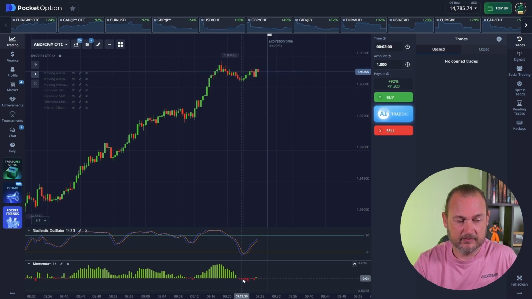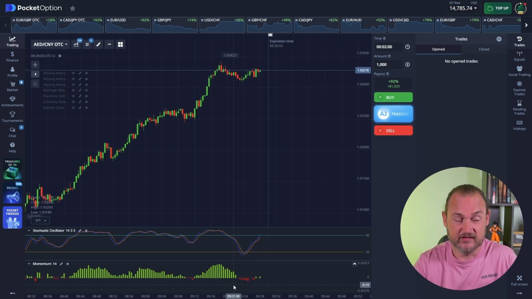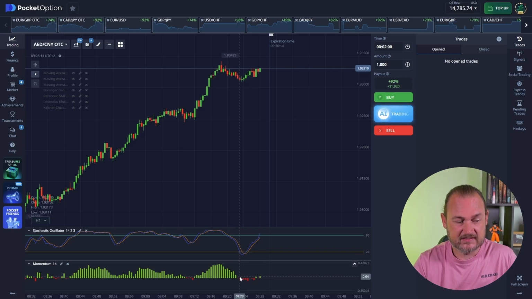And then this will be the stochastic and the momentum behavior here. If we ignore price completely, this is what a proper sell entry would look like if we were in a bearish move. We are not in a bearish move on this specific asset, so we would not take a sell trade, but we can see that the moment the stochastic entered the oversold zone here, we can see a switch to bearish momentum.